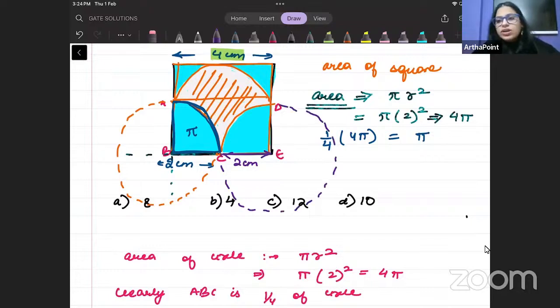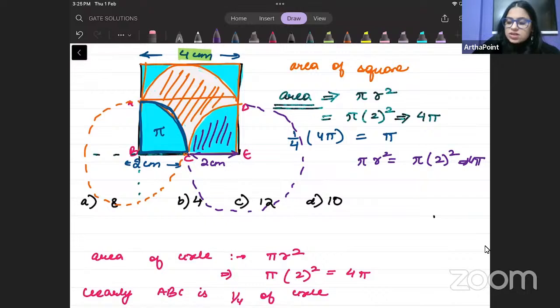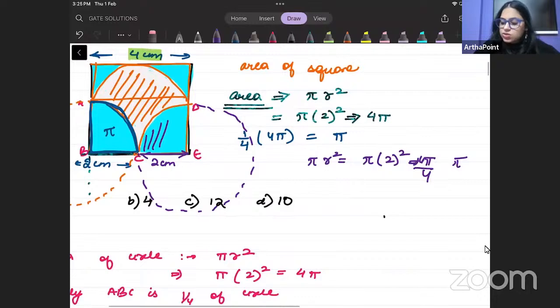And I am taking 1/4 of this circle now. So the area of this circle will be pi r square. So it is going to be pi into 2 square, again 4 pi. These are symmetric. So I am again taking 1/4 of this circle. So 1/4 of this circle would mean that I need to divide this by 4, right? So if I divide this by 4, I will get this also as pi. So this is also going to be pi, beta.